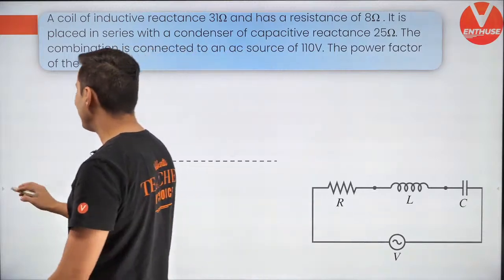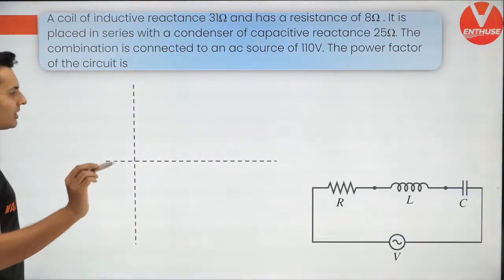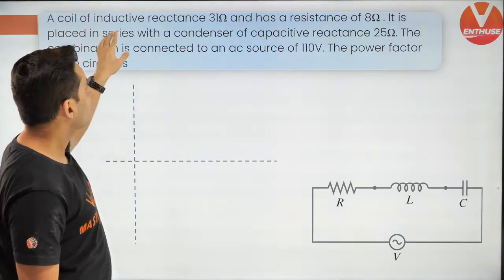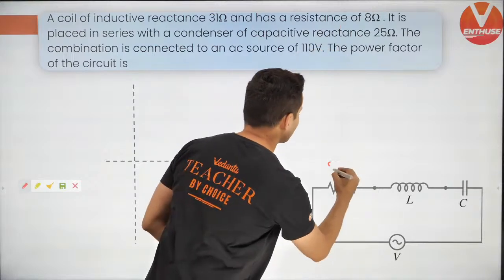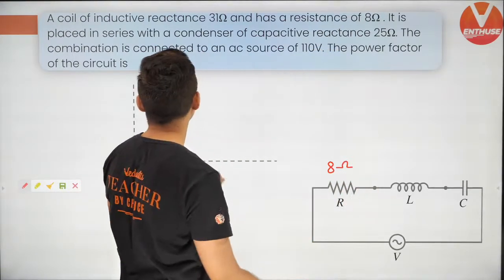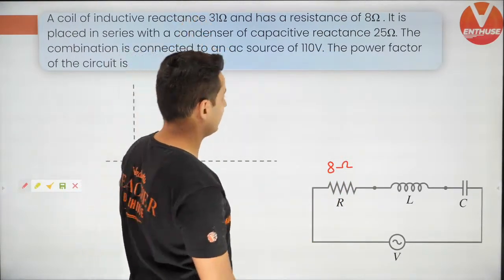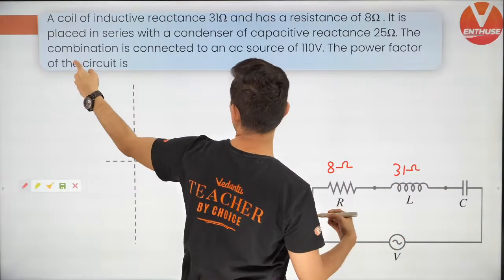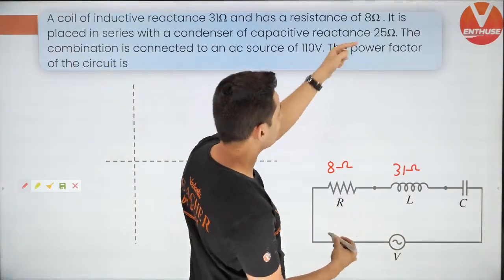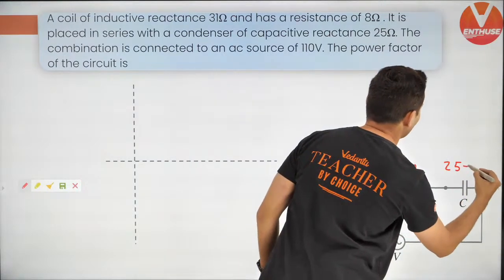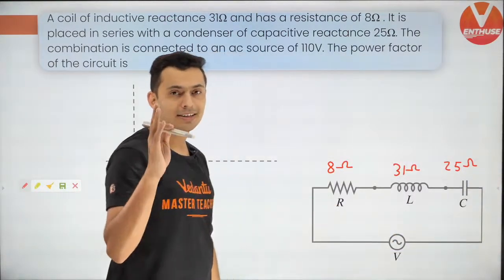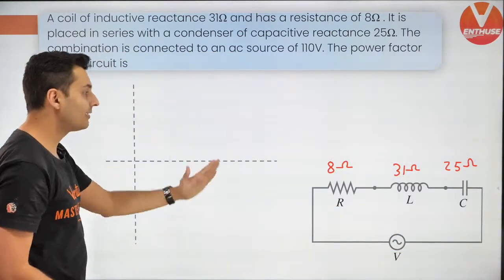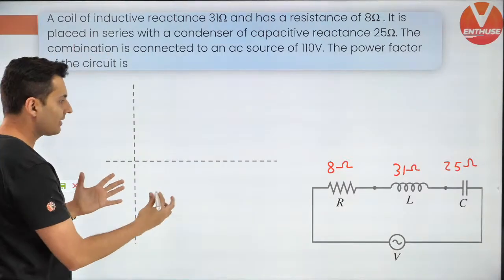Just think about the phasor diagram. So just mark what are the resistances. The resistance is 8 ohms. The inductance reactance is 31 ohms. And the capacitance has a reactance of 25 ohms. Now remember the triangle which I told you, the phasor diagram.